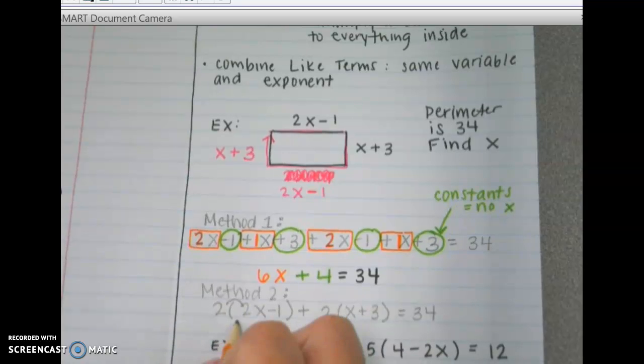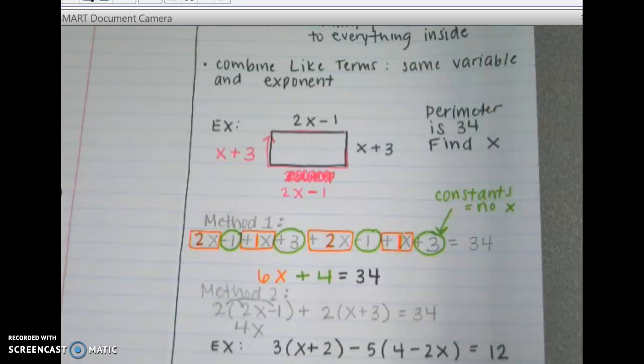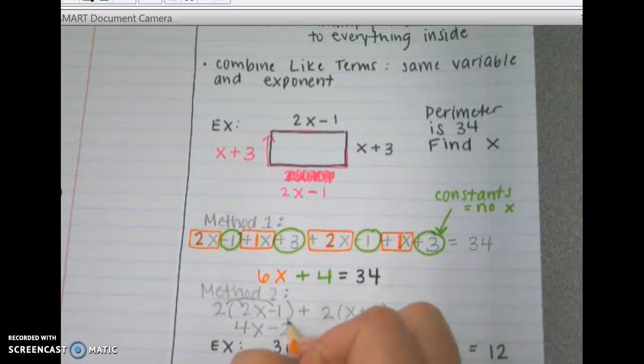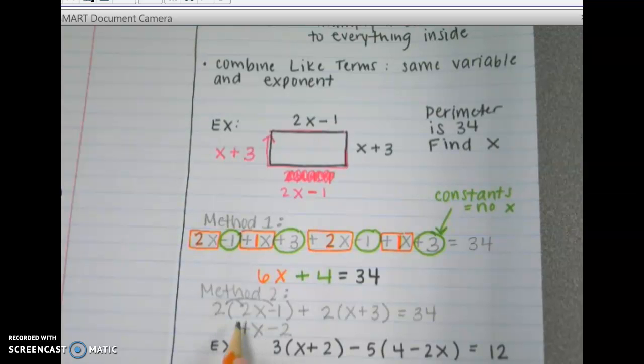So 2 times 2 is 4. Those are my x's. 2 times -1 is -2. And then I'm done distributing because that's the end of this set of parentheses. This is a closed parentheses, so I'm not going to continue to distribute.